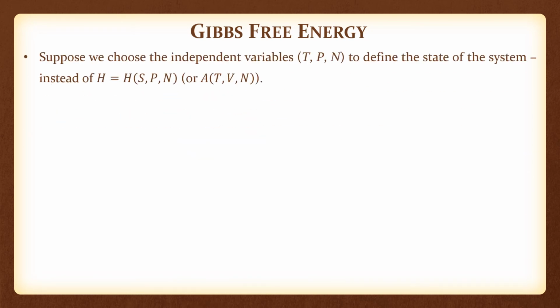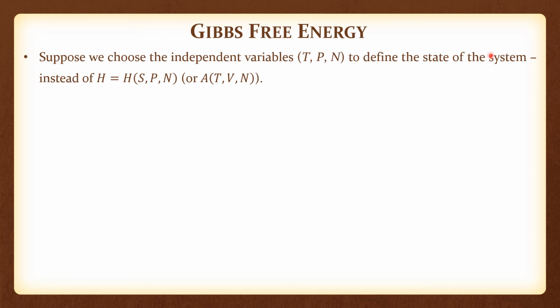Now the next one is Gibbs free energy. Suppose we choose the independent variables temperature, pressure, number, and so this basically becomes an isothermal, isobaric, constant pressure system, and this is basically the typical thermodynamic potential that is chosen when we have oftentimes phase equilibria and reaction equilibria, right?